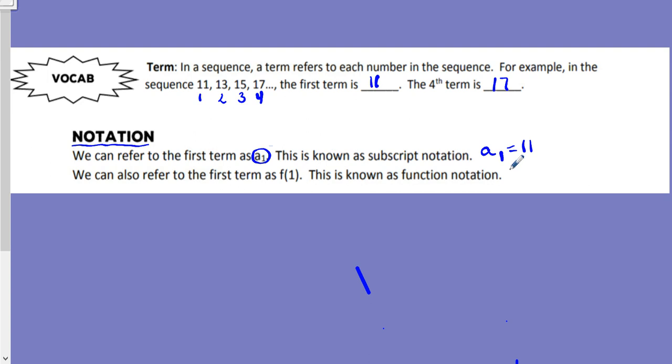This is known as function notation, which we are already familiar with. So f of 1 equals 11. So this already looks very familiar, where 1 is acting as my x value and 11 is acting as my output. So my input is 1, my output is 11. My first term is actually the output of that first term.